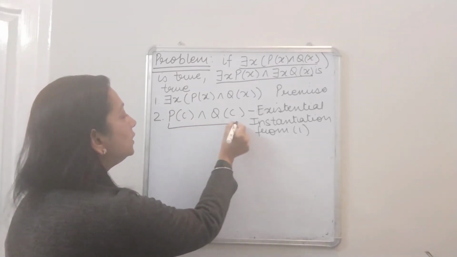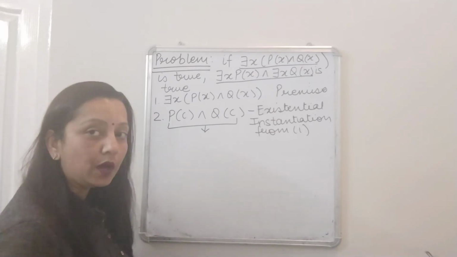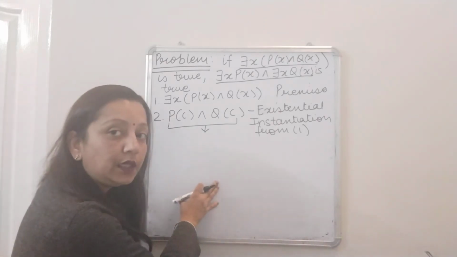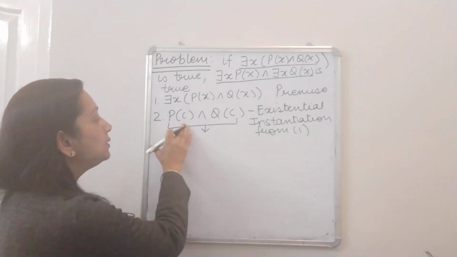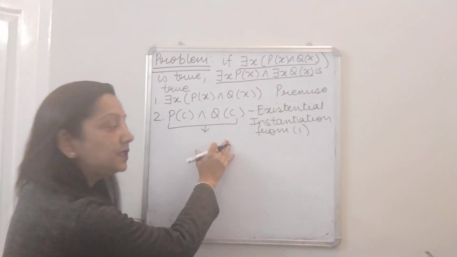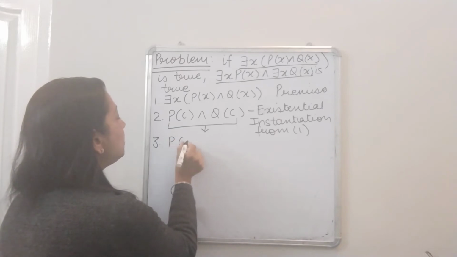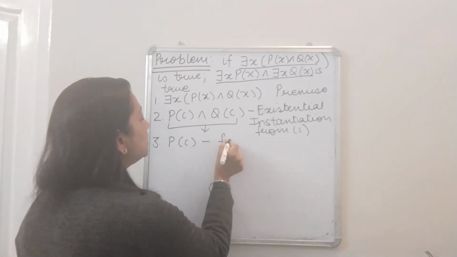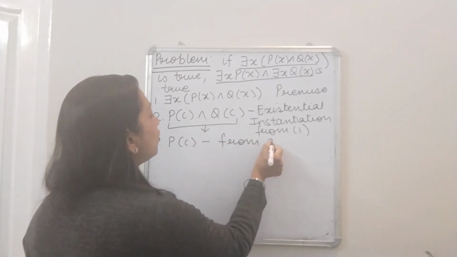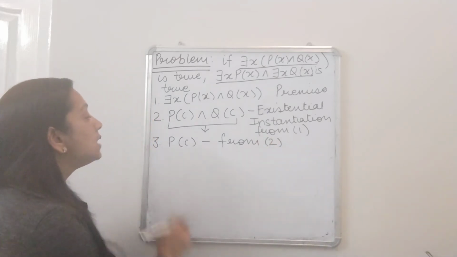Now we can further break them down. Since they are not written in clause form, I can break it down as P(c) separately and Q(c) separately. So in my third step, I will write P(c) separately. This is from which premise? This is from the second premise.